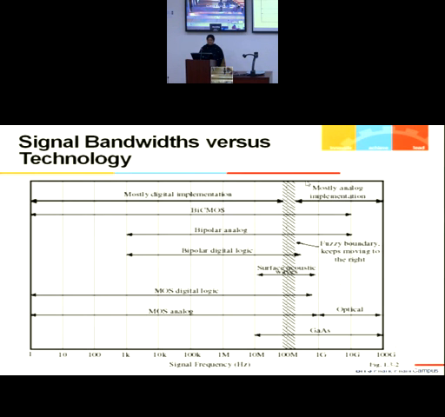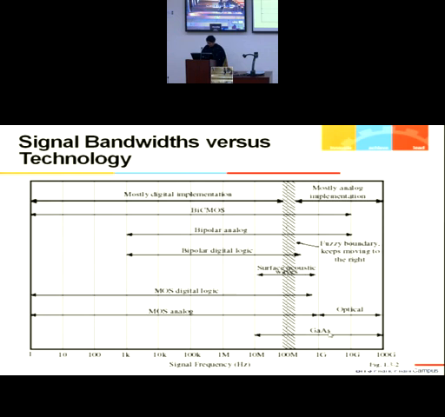Broadly we can say above 100 mega, it is mostly analog implementation. All applications below 100 mega or 50-60 megahertz, we mainly use digital processing. If you go above that, analog is mostly used, and in between this range, it can be mixed signal systems.